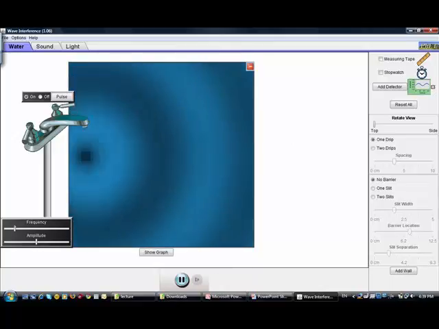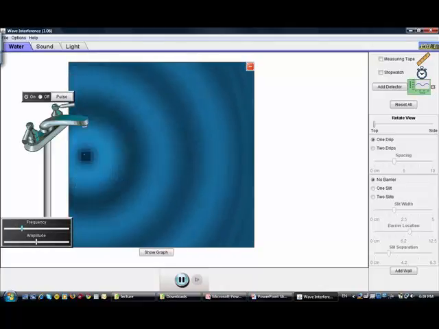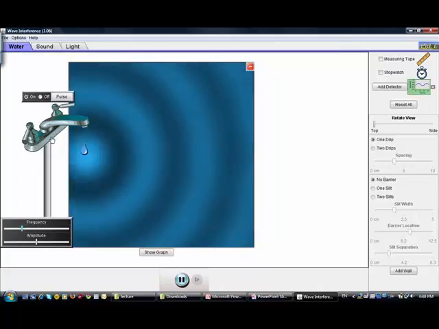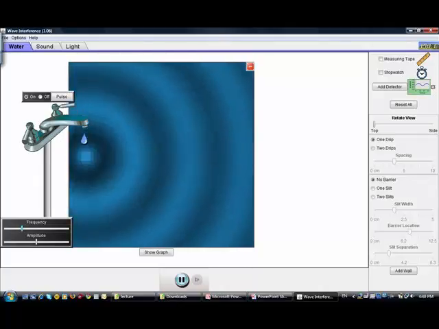Now, if we make the faucet drip faster, that's the way we are changing the frequency of the wave. If you recall, when you learned about waves, the source of the waves, in this case the faucet, is what's going to determine the frequency of the waves.